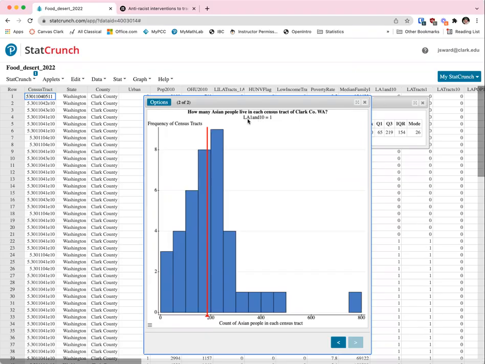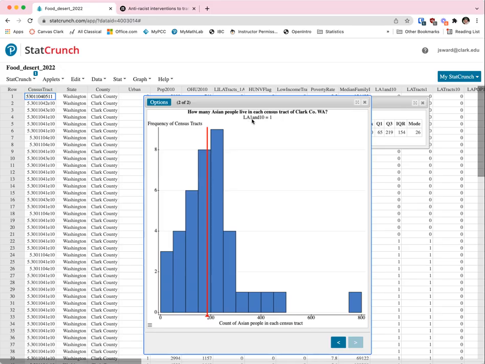So LA means low access. What does low access mean? It means, according to our data set, that at least a third of people can't get close to a grocery store. So at least 33% or more people have to, either 2 things happen.